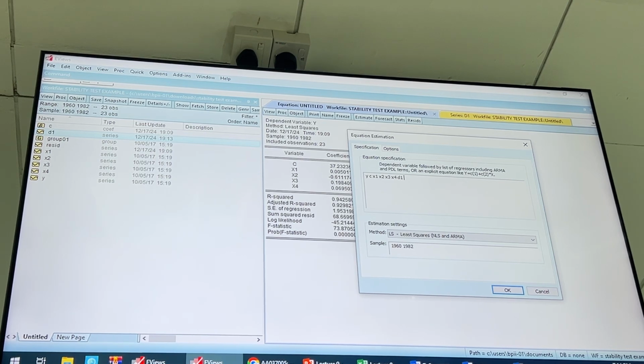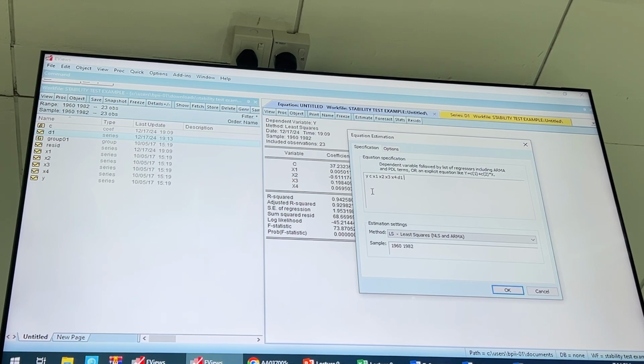Okay, but this only allows the intercept to be different before and after, between the two groups. We need to allow the slope to be different as well. So the slope for beta 1, for x1, x2, x3, and x4. So we need to have an interaction between the dummy and each of the independent variables.